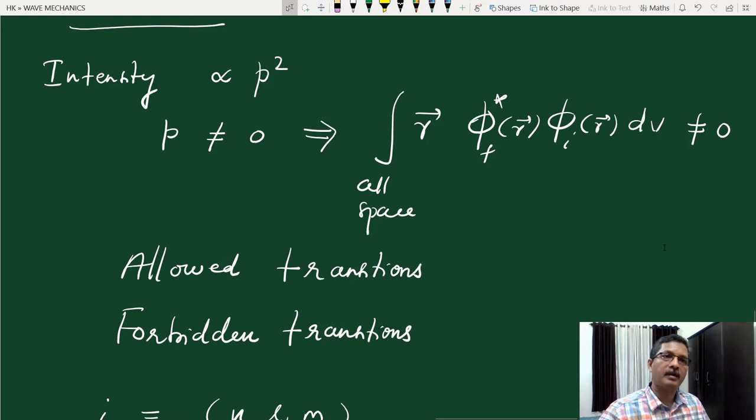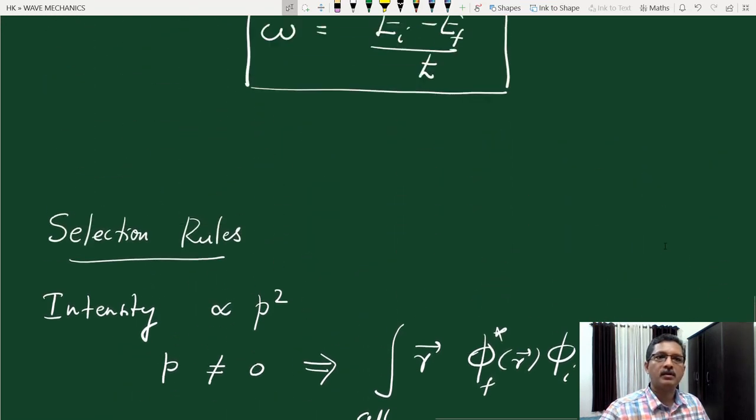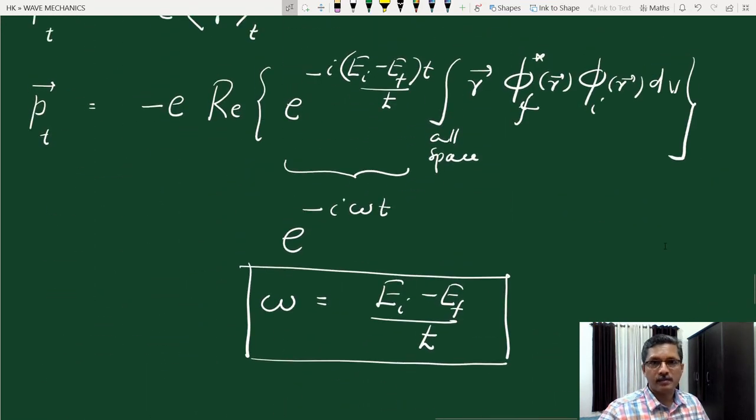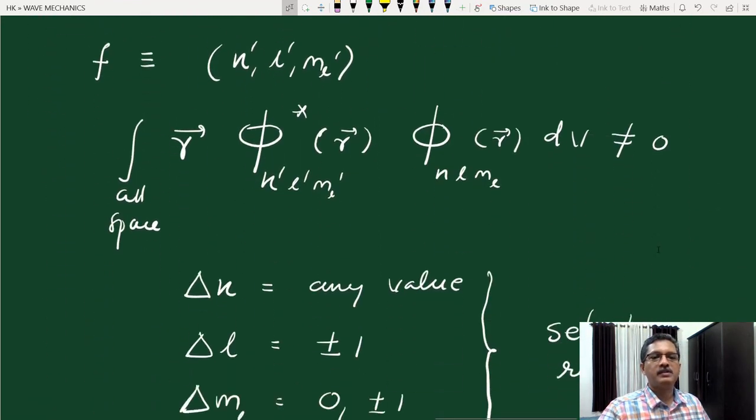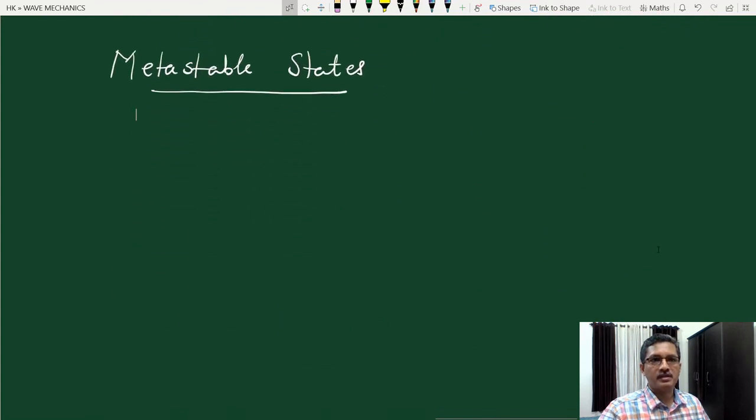So far, by radiative transitions, we have considered only dipole oscillations, oscillations of electric dipole. Now, if oscillations of electric dipole are forbidden, there is no time-dependent part for the electric dipole moment. What are the other processes by which radiative transitions are possible?